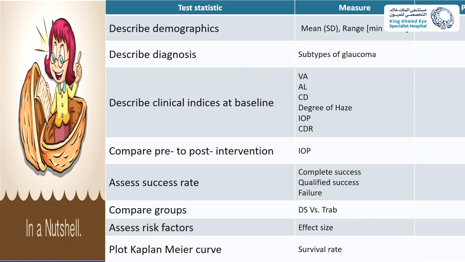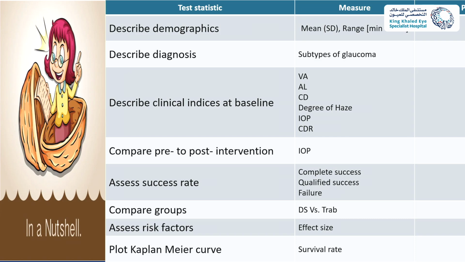So finally, we need to remember that we start by describing our sample in terms of demographics, and then describe our diagnosis. I had patients with glaucoma, neovascular, uveitic, congenital glaucoma, and so on. And then start by providing an image of the baseline: the IOP, visual acuity, cup disc ratio, so it was at the beginning like that, and post-intervention it became like this.